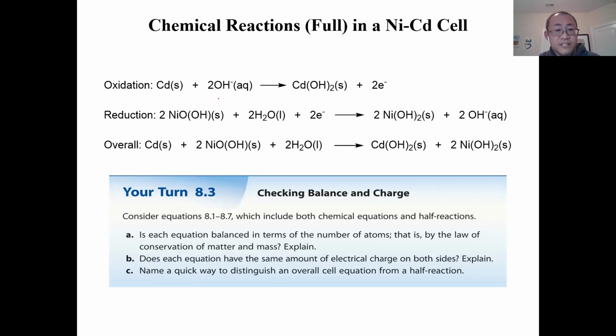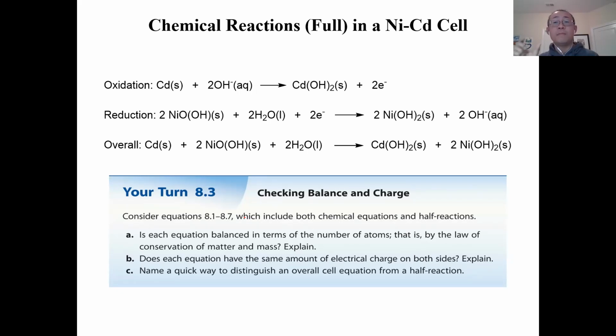Here are some practice problems based on the reactions I've just shown you. I think you can manage working on these reactions, especially considering some facts we learned about chemical equations, such as whether in those half reactions and the overall reaction the mass is balanced.